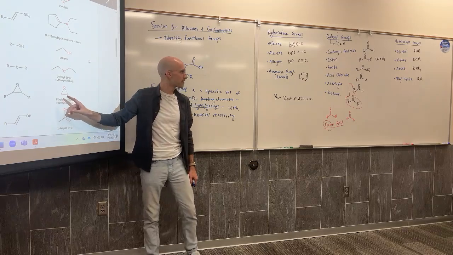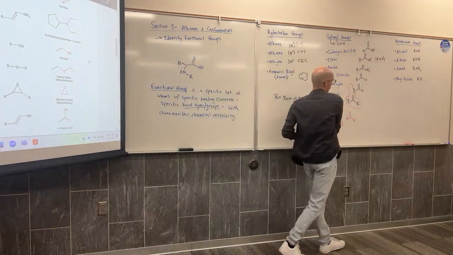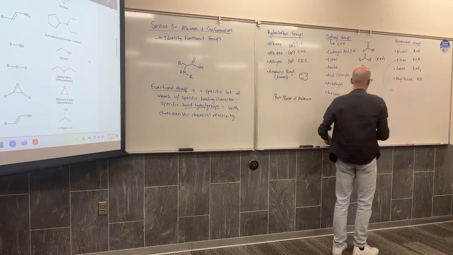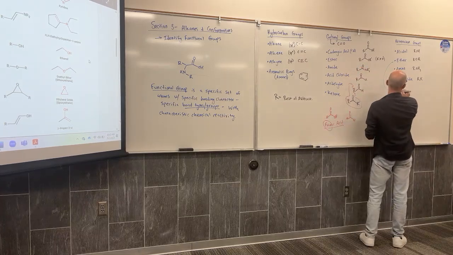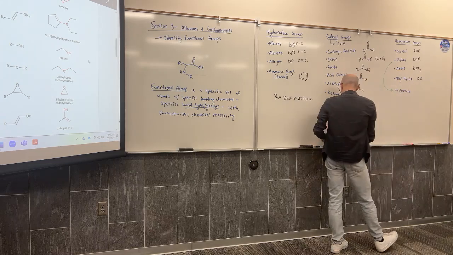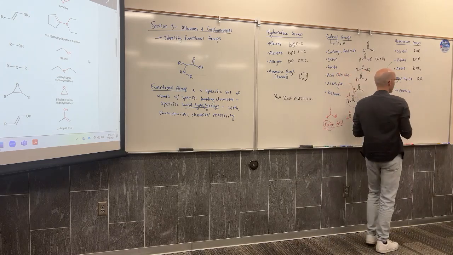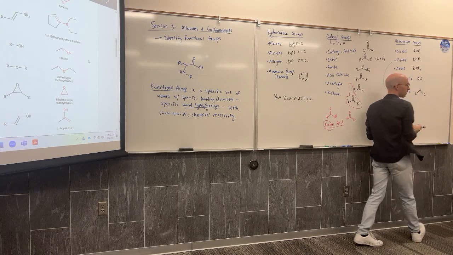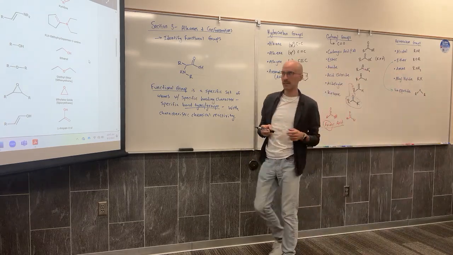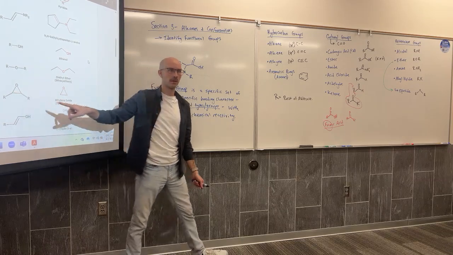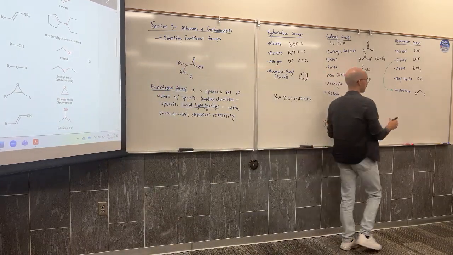And then we've got this specific type of ether that I do want to point out. We'll be looking at this group this semester. This is the epoxide. The epoxide is an ether because it has ROR, but it's a specific ether where those two R groups are bonded to each other.